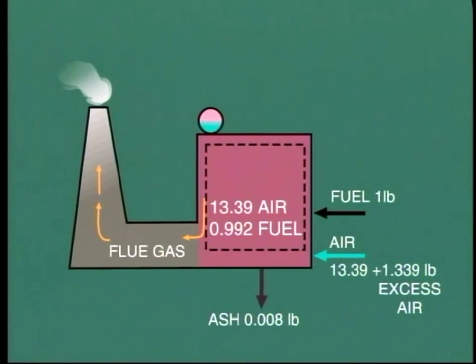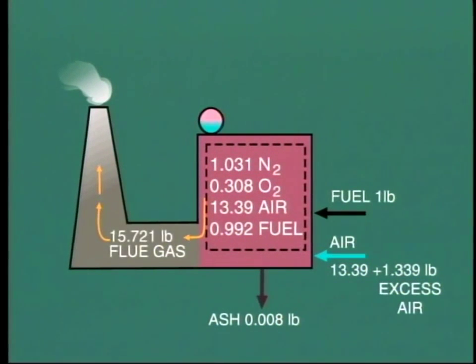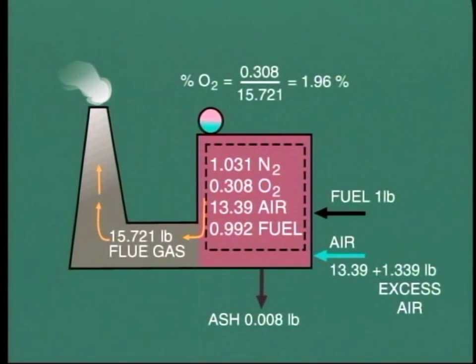This excess air will contribute 0.308 pounds of oxygen and 1.031 pounds of nitrogen to the flue gas. So the total weight of flue gas for each pound of fuel burned is now 15.721 pounds, including 0.308 pounds of oxygen. The percentage of oxygen is therefore 1.96%.